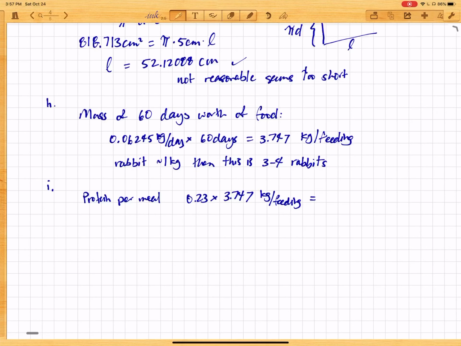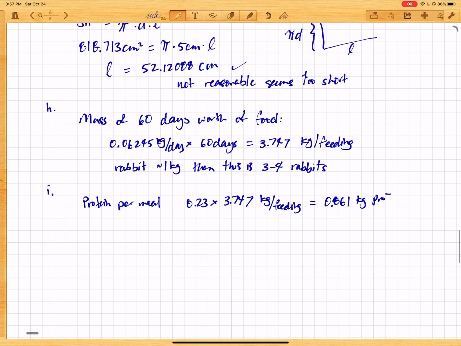And that is going to give us 0.861 kilograms of protein per feeding, or 861 grams.